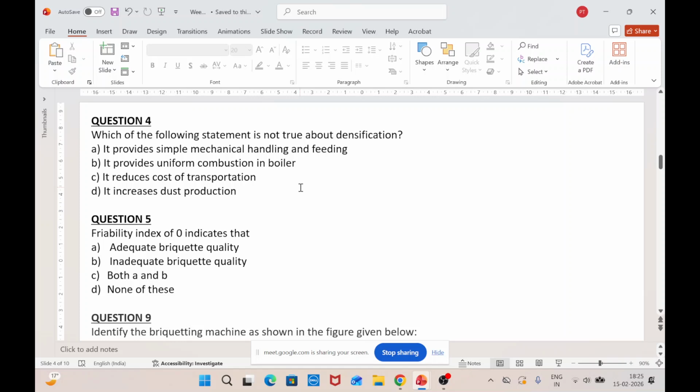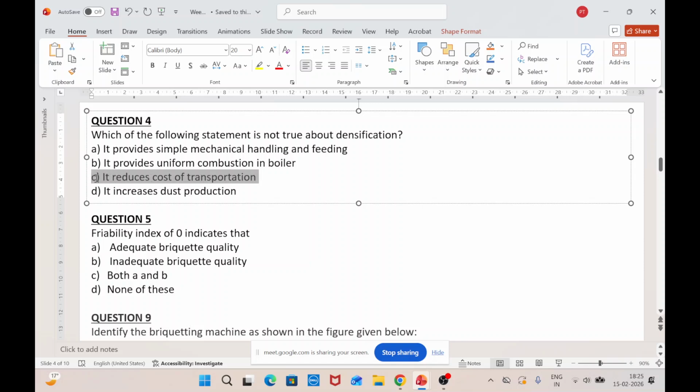So option C is true about densification that we discussed. And why is it so? Because energy density is increased. So for a particular amount of material, more energy can be generated. So you don't need a lot of quantity of material, and that typically reduces the transportation cost. So this is true about densification.